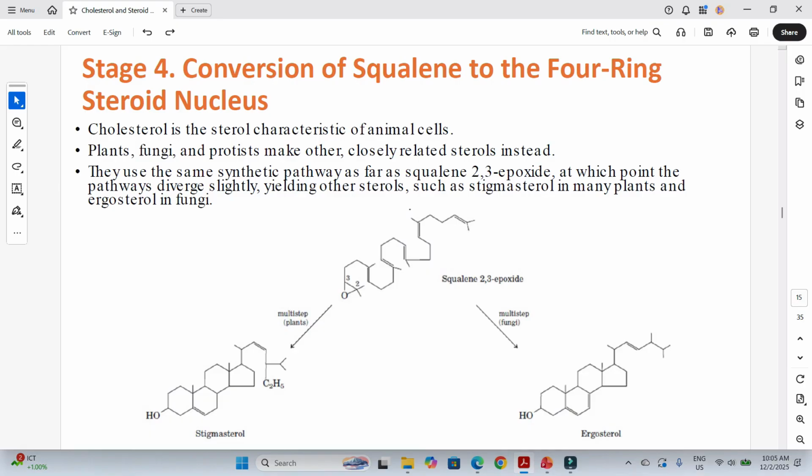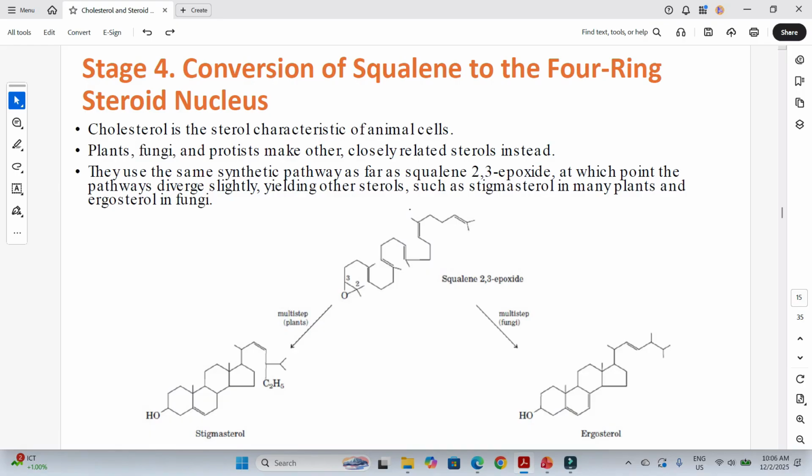Plants, fungi, and protists make other closely related sterols instead. They use the same synthetic pathway as far as squalene 2,3-epoxide, at which point the pathways diverge slightly, yielding other sterols, in this case stigmasterol, and in the case of fungi, you end up with ergosterol.